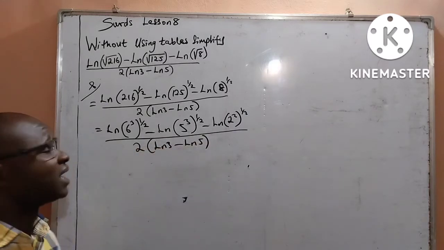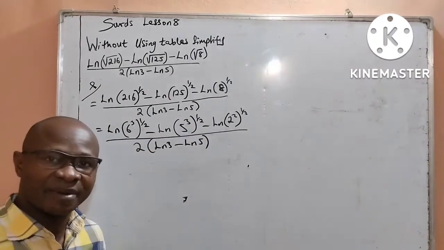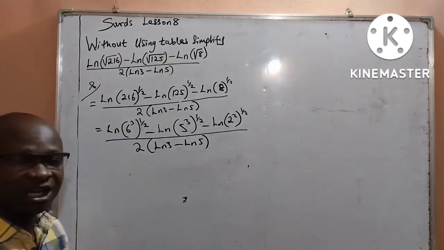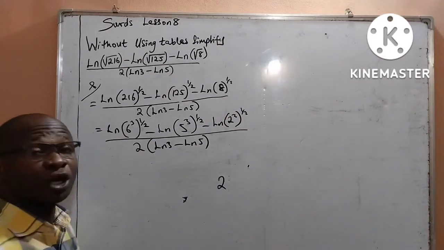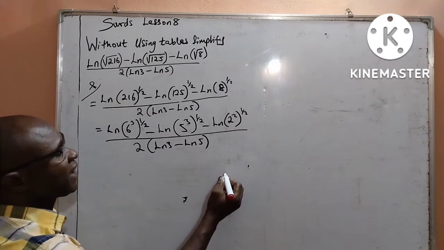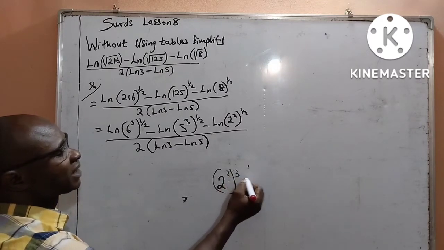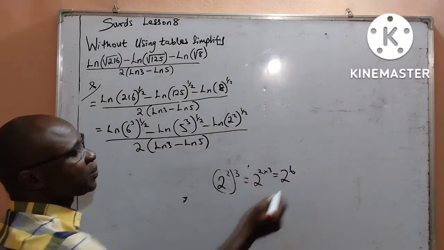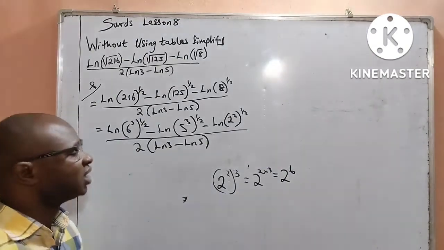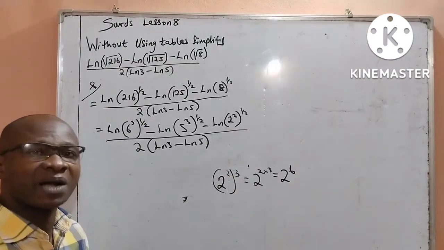So what I have done is express the values inside the brackets in index form, and that is beautiful. You can also see by the product law of indices that if I have 2 raised to power 2, everything raised to power 3, it is 2 raised to power 2 times 3, which is equal to 2 raised to power 6. In other words, I use the power inside the bracket to multiply the power outside the bracket.